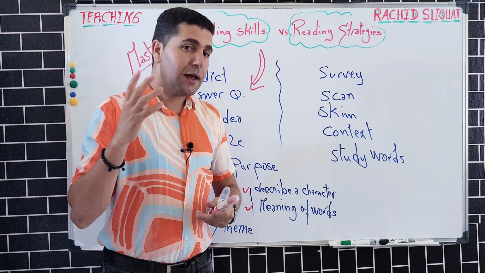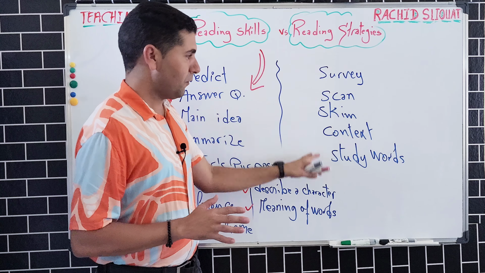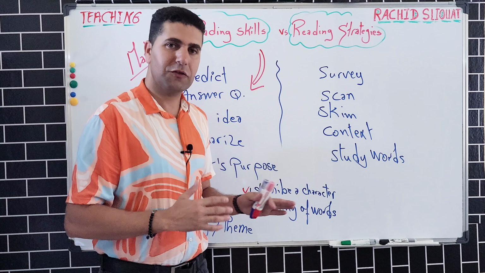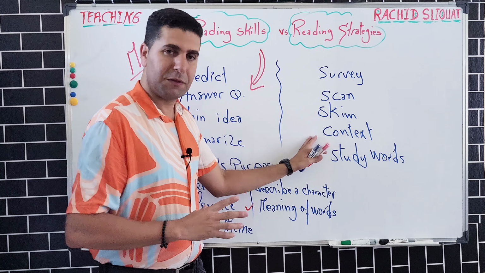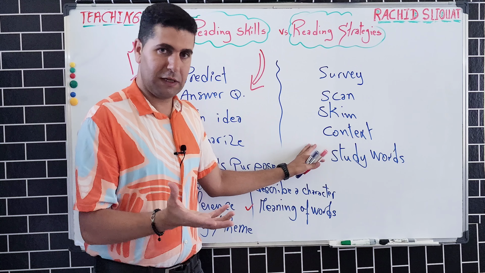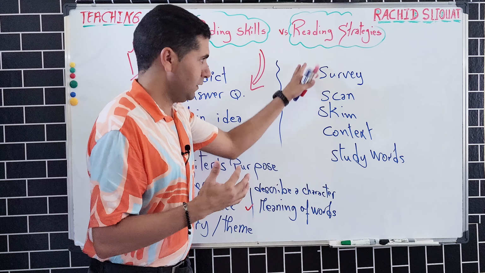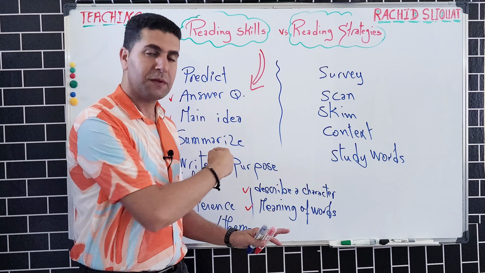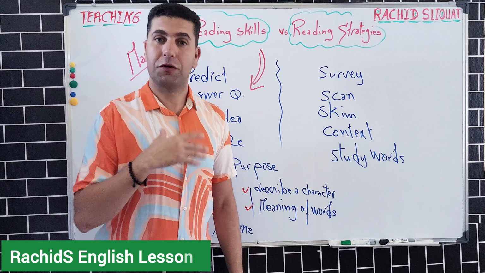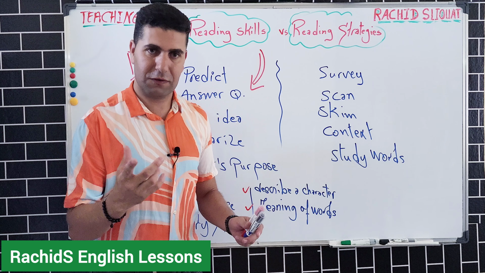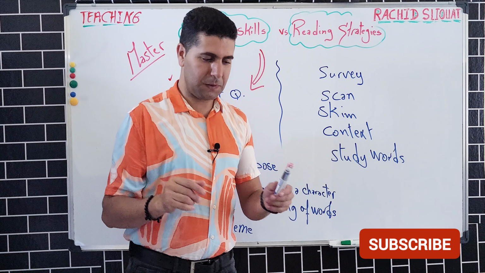Now, sometimes you might hear that when a strategy becomes automatic, it is a skill. A strategy is something that we do consciously. It's something that we can train ourselves on in order to do this. But when these strategies become automatic, unconscious, then we can consider them as skills. So this is very simply the difference.